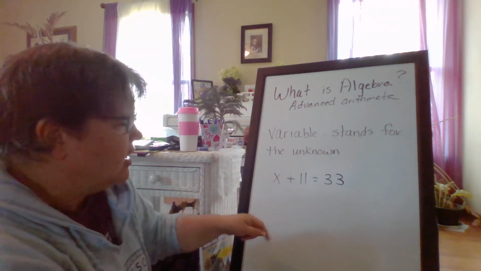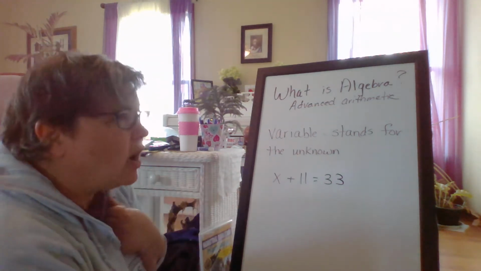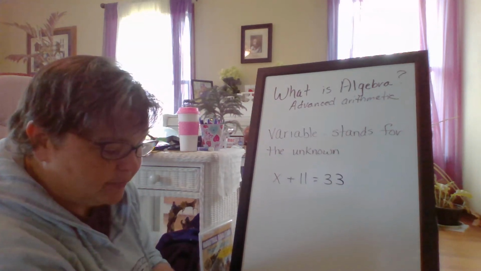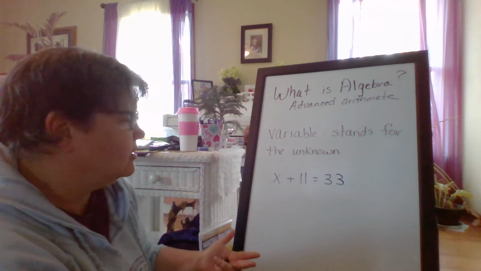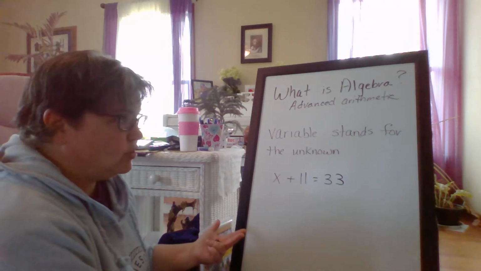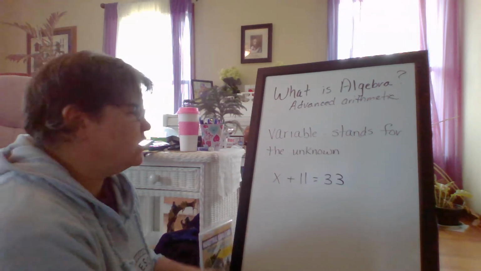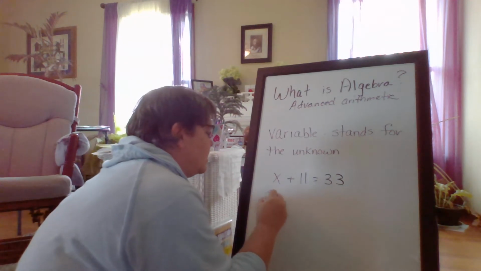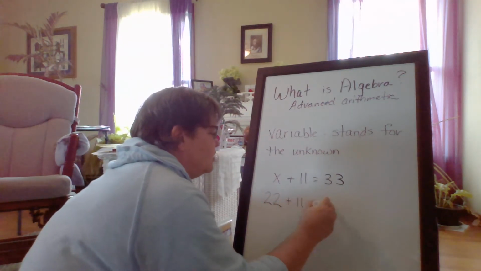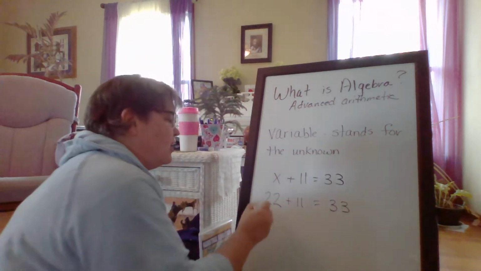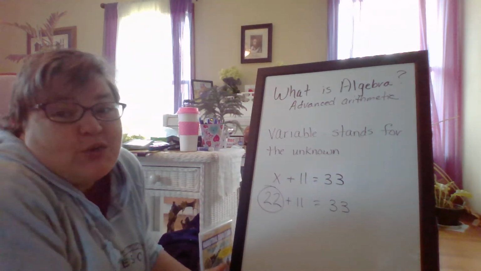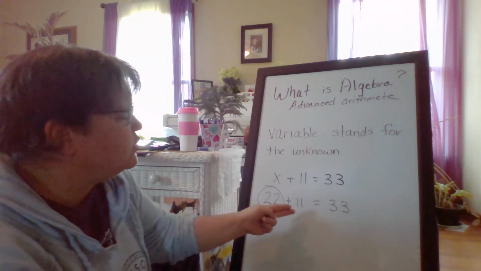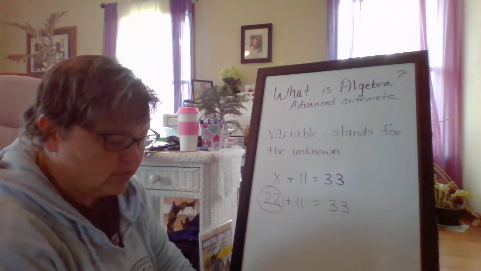You'd say 11 plus what will give me 33? Well, we know that 11 plus 22 would equal 33. So we'd say, 22 plus 11 equals 33. Our unknown, our variable then must be 22. There's nothing else that you can put there that you can add to 11 that will give you 33.